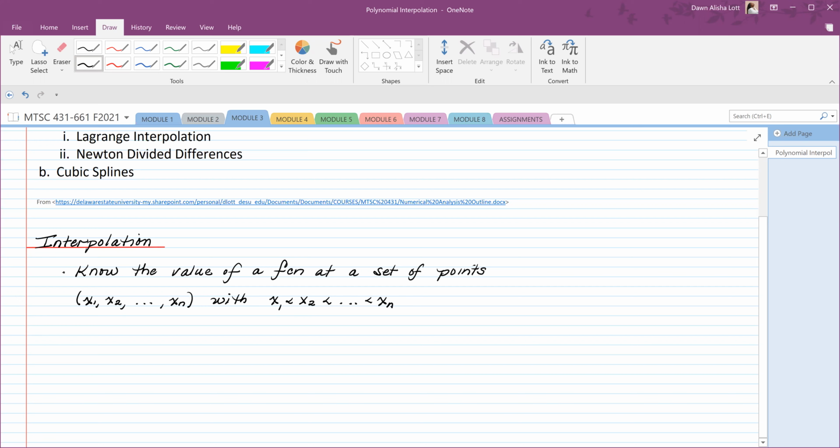But what we don't have is an analytic expression for f of x that lets us calculate values at an arbitrary point.